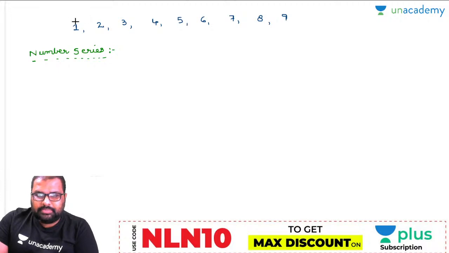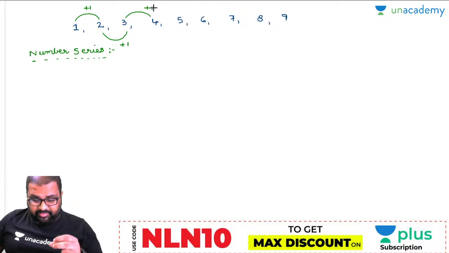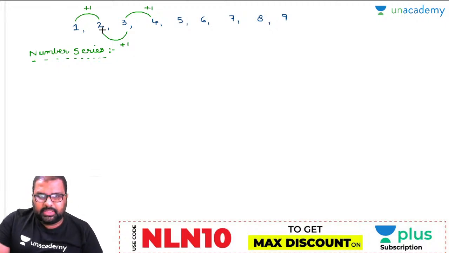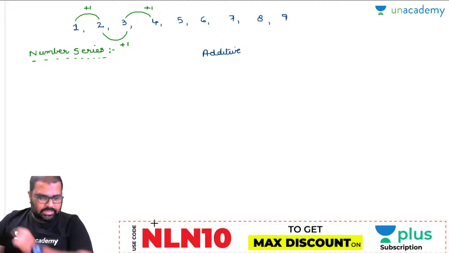Now closely observe there. The difference between the first and second number is +1. Right? The difference between the second and third number is +1. Now the difference between the third and fourth number is again +1. Now by this what can I say? If there is additive change or subtractive change. Now if you arrange these numbers in decreasing order, automatically what happens? 9, 8, 7: the difference is -1.